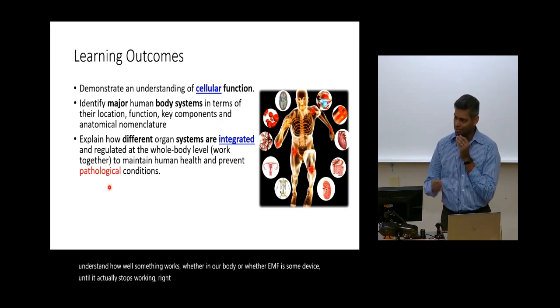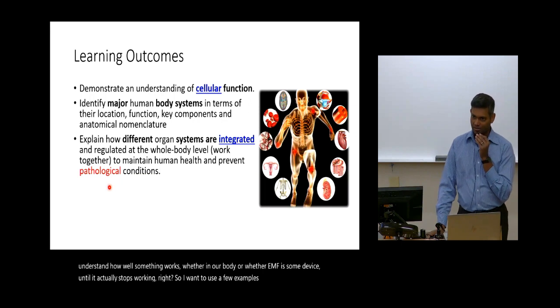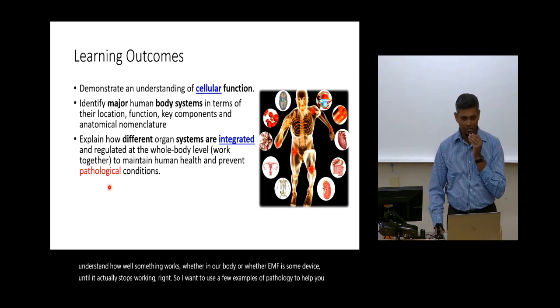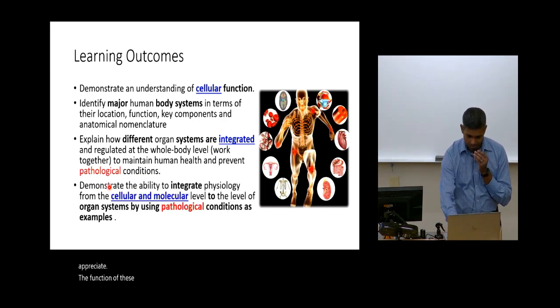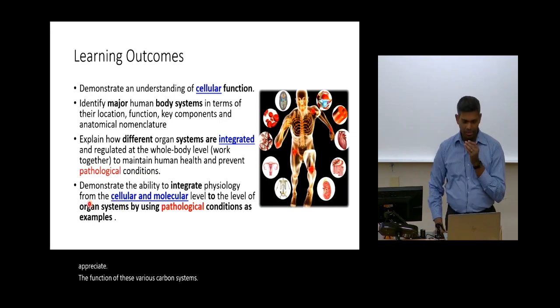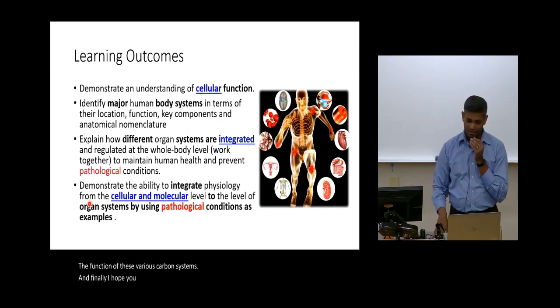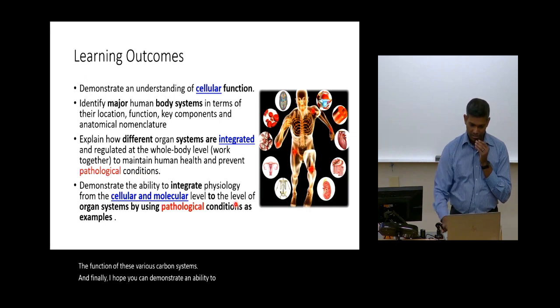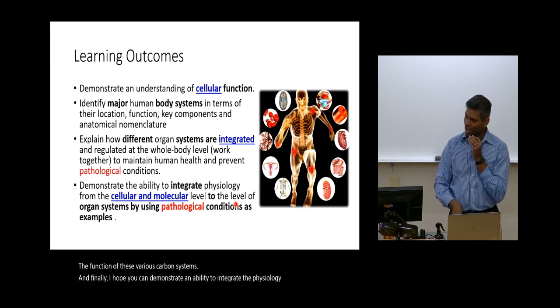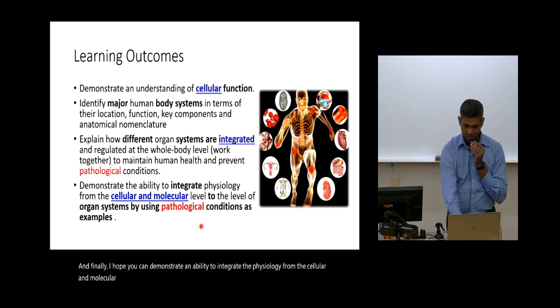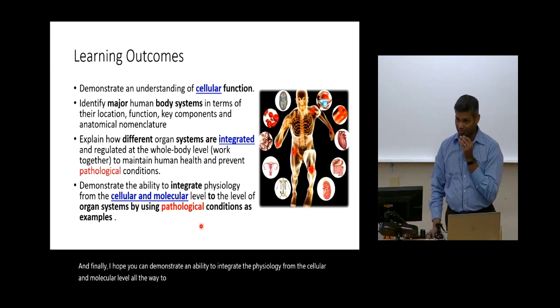So I want to use a few examples of pathology to help you appreciate the function of these various organ systems. And finally, I hope you can demonstrate an ability to integrate the physiology from the cellular and molecular level all the way to the organ system level.